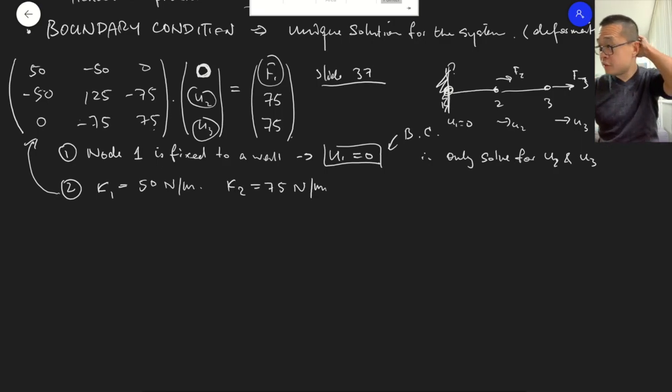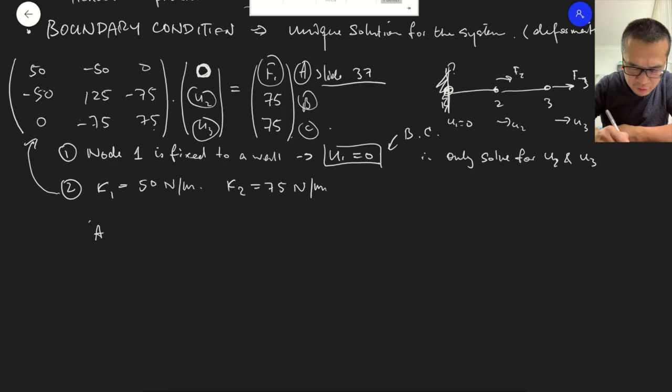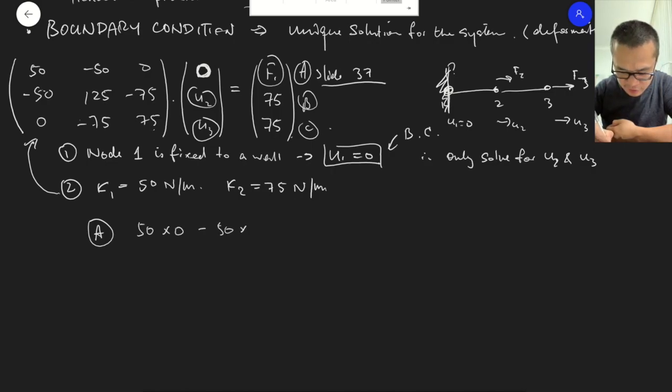Now, if you do this by hand, one way to do it is to realize I have 3 equations, A, B, and C. Now from equation A, if you write that all out, it is basically 50 times 0 minus 50 times U2 minus 0 times U3 equal to F1.